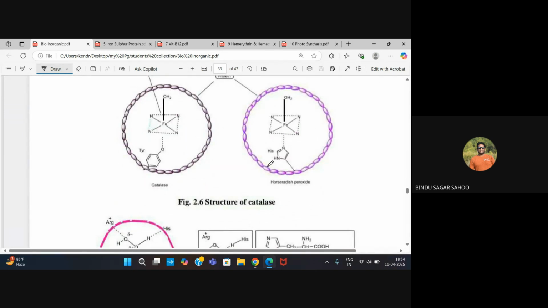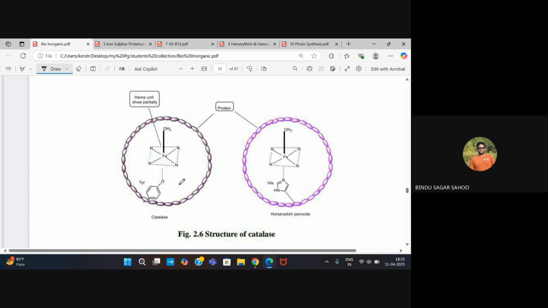This is the structure of peroxidase. Here is a histidine amino acid residue on the fifth side, and here is a tyrosine amino acid residue. That means on the fifth coordinating side, two different types of amino acids are present, while all other things are similar.